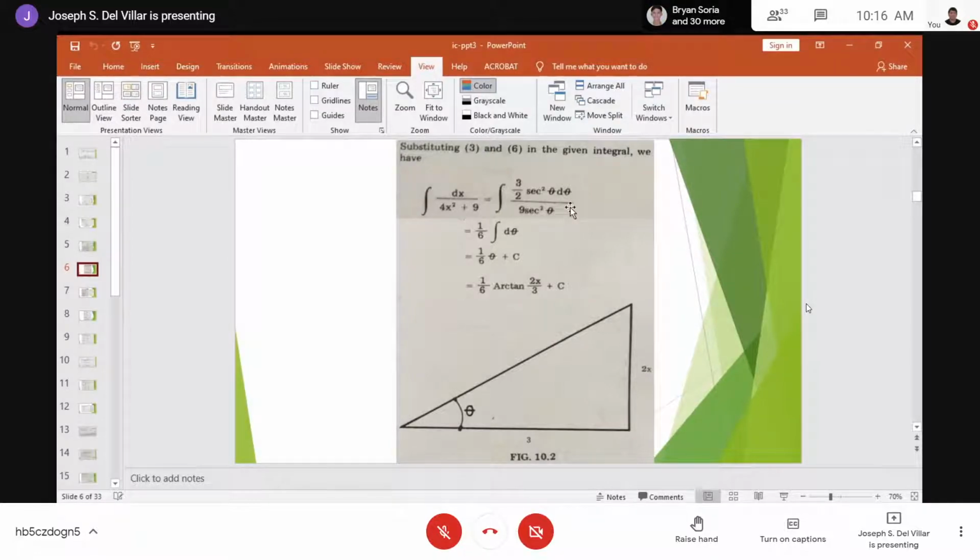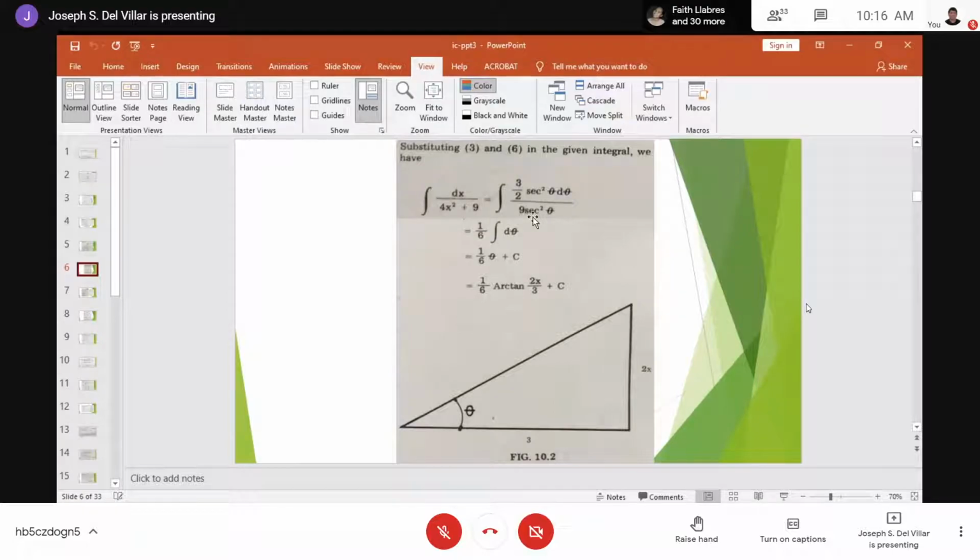Now, yung 3 halves tsaka 9, 3 halves divided by 9, you simplify that further, no? So you combine 3 halves divided by 9.